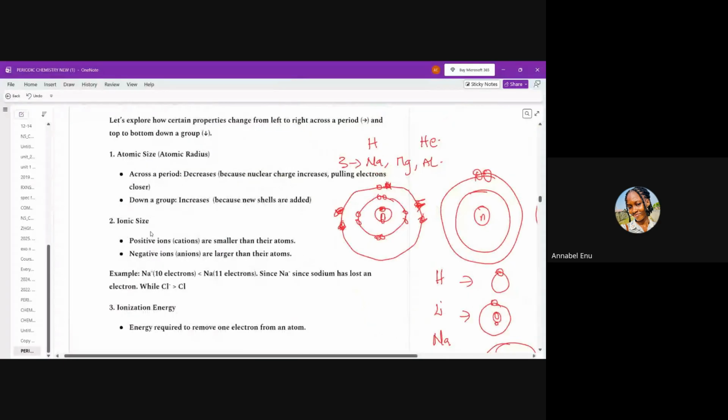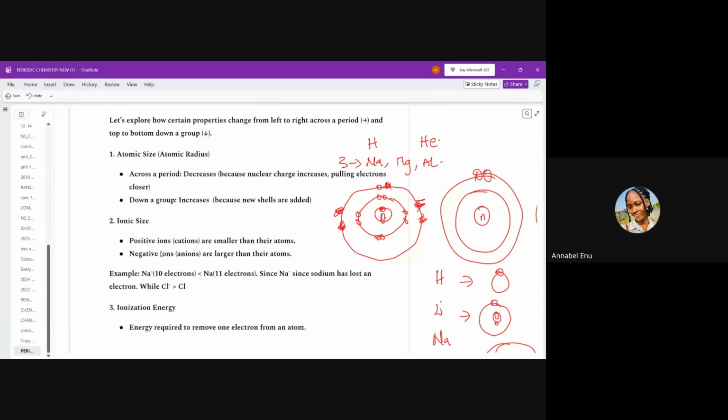Now, in terms of ionic size, positive ions are smaller than their atoms, because they are donating, right? So, for example, sodium ion is usually Na+.